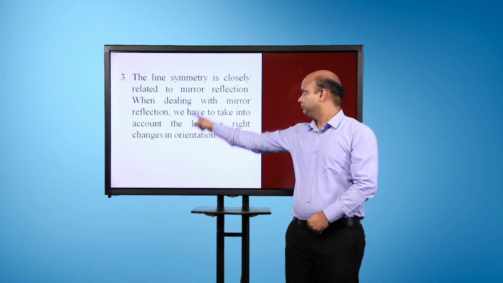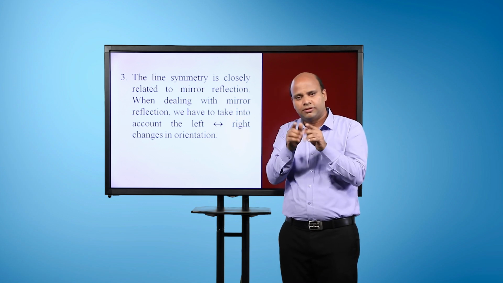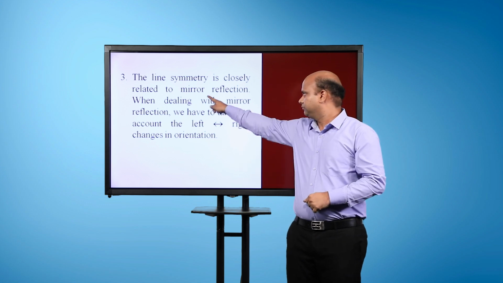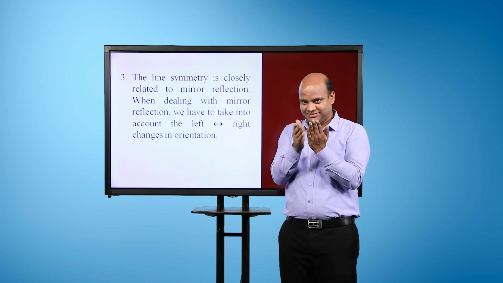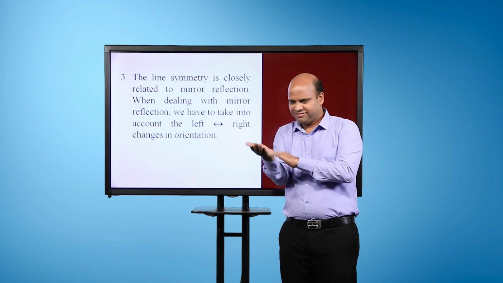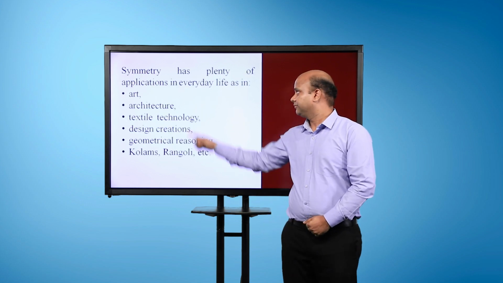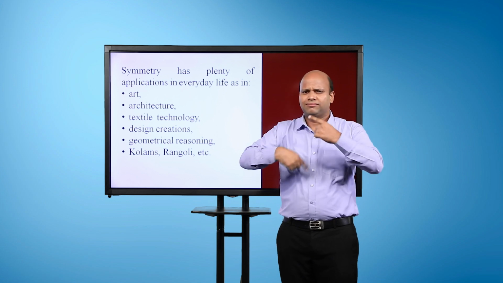3. The line symmetry is closely related to mirror reflection. When dealing with mirror reflection, we have to take into account the left-right changes in orientation. Symmetry has plenty of applications in everyday life.